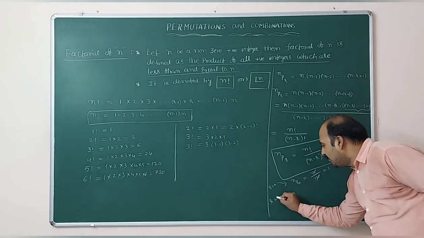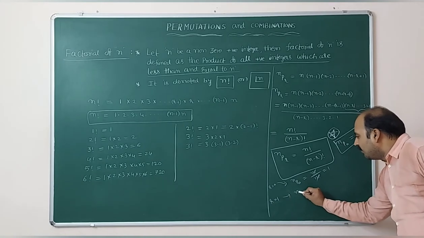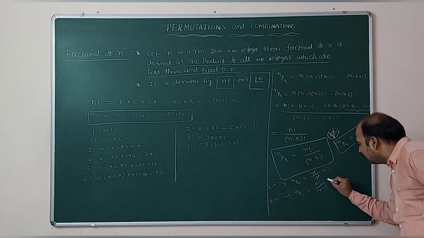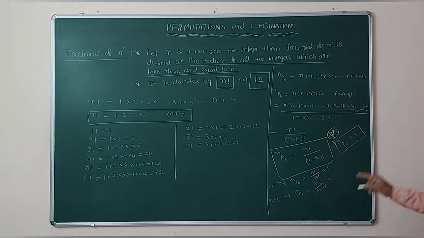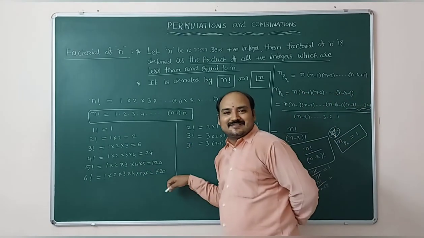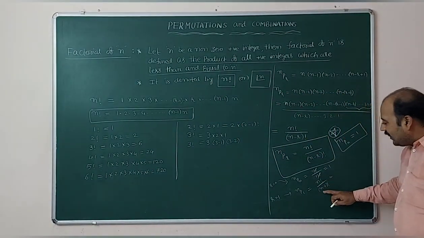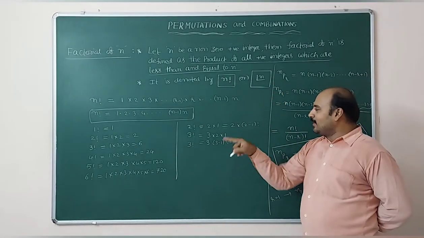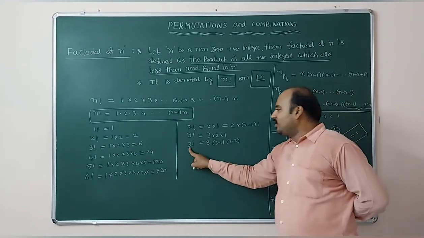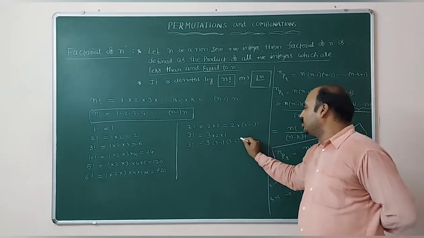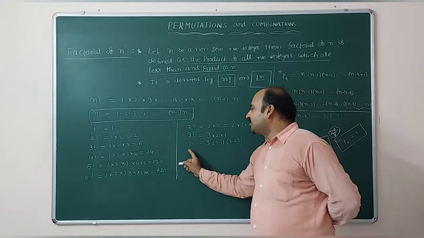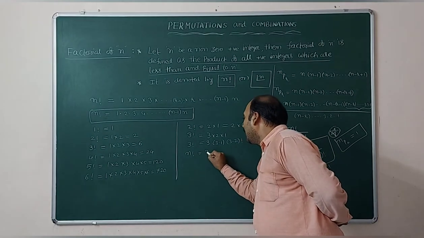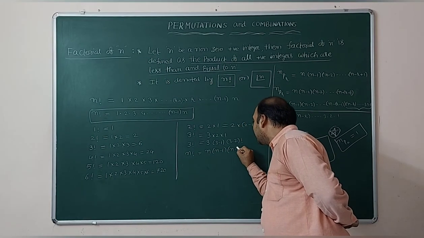Similarly, if we replace r with 1, then it becomes nP1, n factorial by n minus 1 factorial. That is the reason I am explaining this. Here n factorial by n minus 1 factorial is there. 2 factorial can be written as 2 into 2 minus 1 factorial. 3 factorial means 3 into 3 minus 1 into 3 minus 2 factorial. You can write it; in place of 3, wherever 3 is there, you can put n. n factorial is equal to n into n minus 1 into n minus 2 factorial.